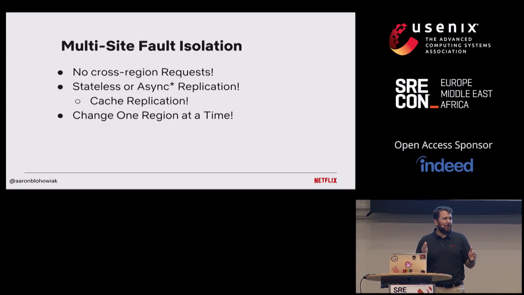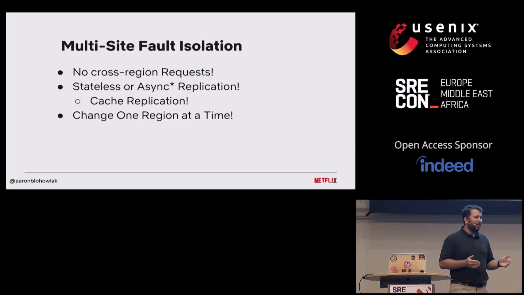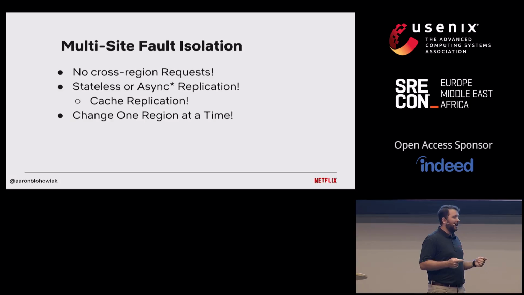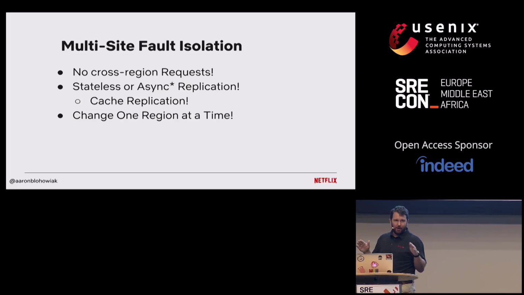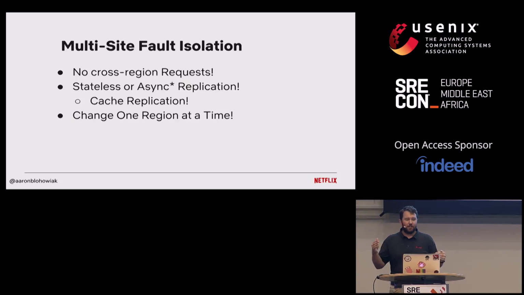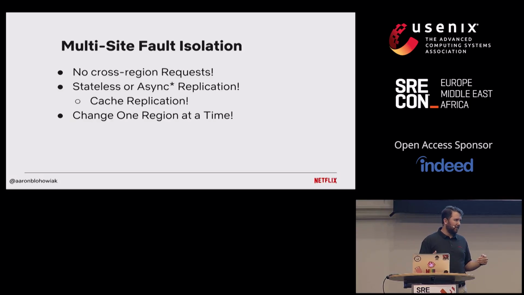It's very low throughput, it doesn't really matter. Well, that's all fine and dandy until something goes wrong and now you're self-DDoSing. Or you've saturated the link between the 2 regions and now your database replication's getting slow and all kinds of things are going wrong. So no cross-region requests. Your services should all be stateless or use asynchronous replication. Because again, that's all about isolation, being able to shield yourself from bad actors, even if that bad actor is you.